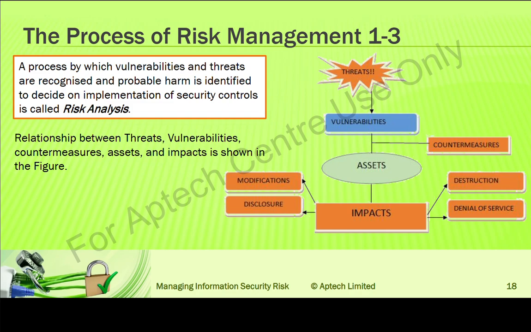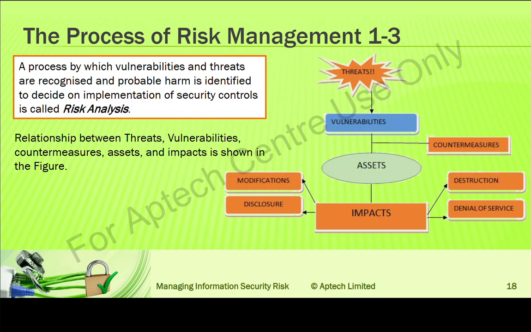Now, the relationship between threats, vulnerabilities, countermeasures, assets, and impact is shown in this diagram. Number one, this is the threat that is leveraged on the vulnerability here. Now, what are the countermeasures? What can we implement to counter this kind of vulnerability and threat on this particular asset?